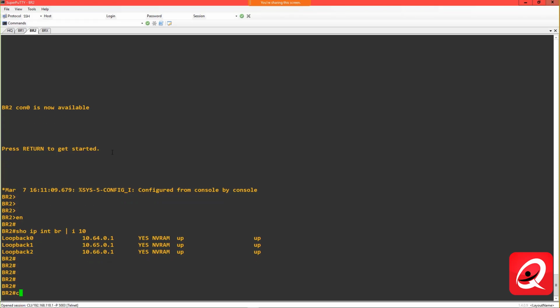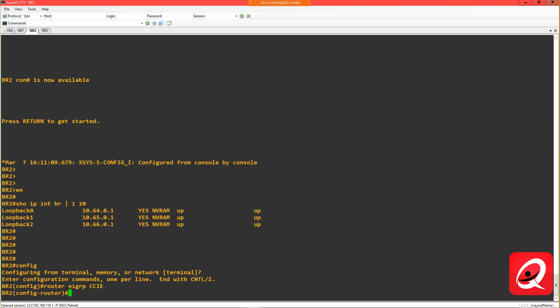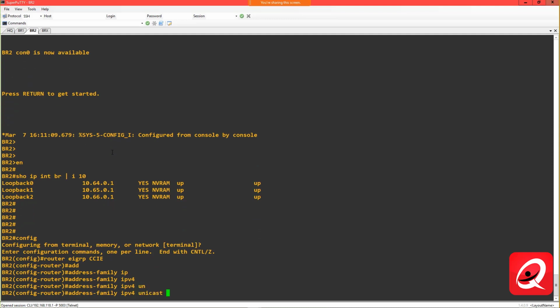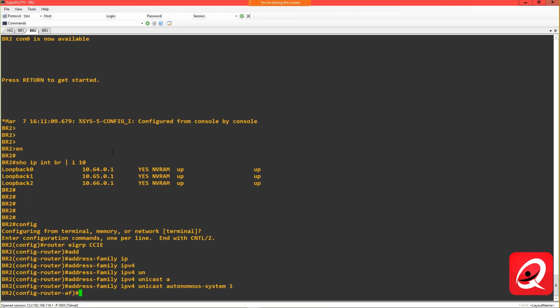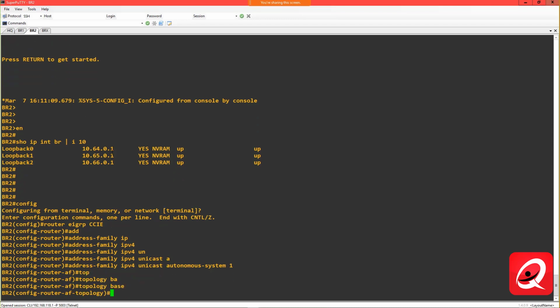So I'm going to go into router EIGRP CCIE and address family IPv4, unicast, autonomous system number 1. And we're essentially changing the topology base in this case. We're changing how routes are being advertised.